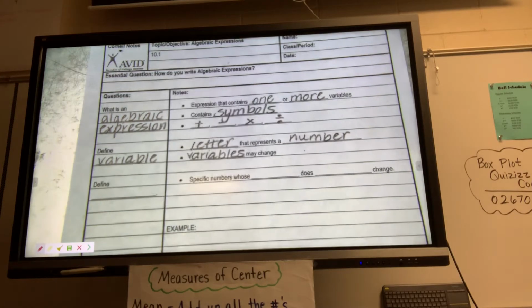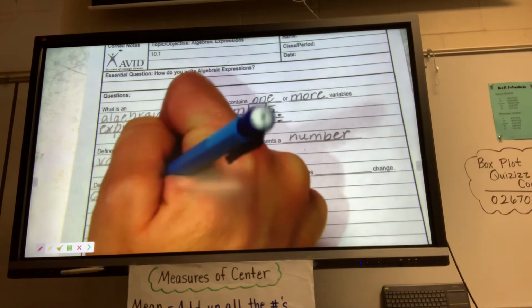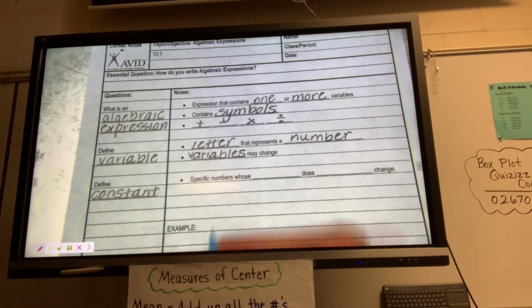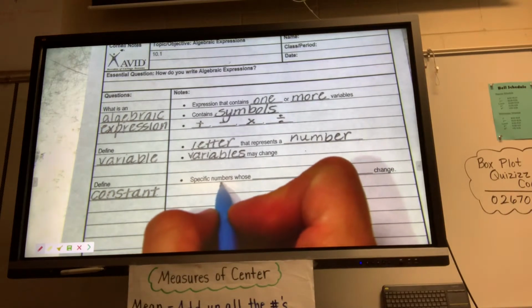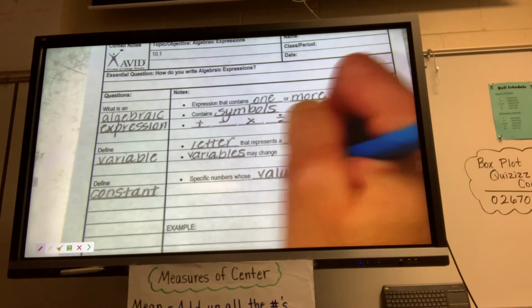Now let's talk about what a constant is. A constant is specific numbers whose value does not change.